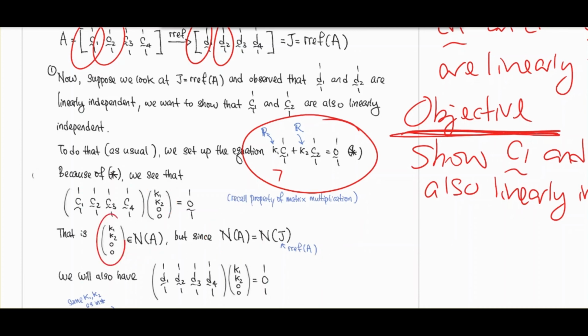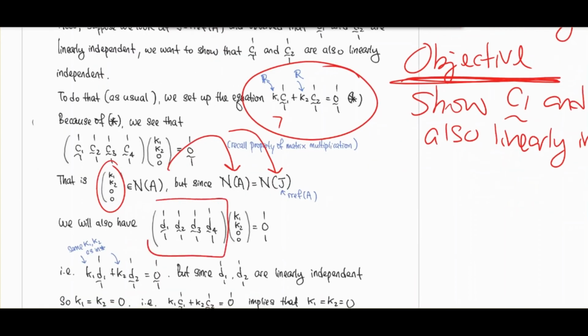So because this vector is in the null space of A, it is also in the null space of J. This is our matrix J, which is the RREF of A. So this one here, multiplied by this one right here, will also be the 0 vector.